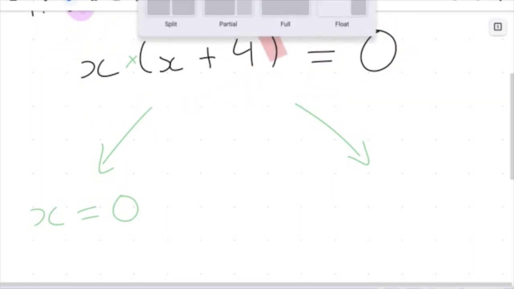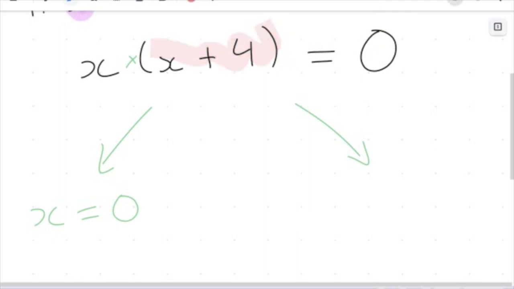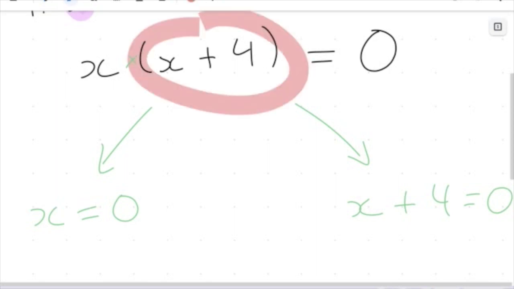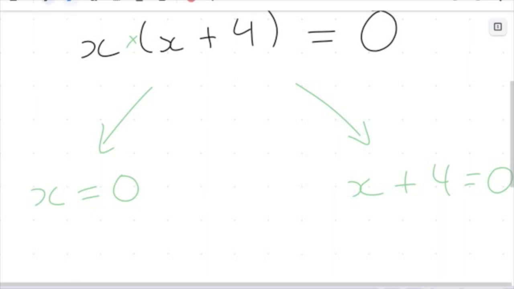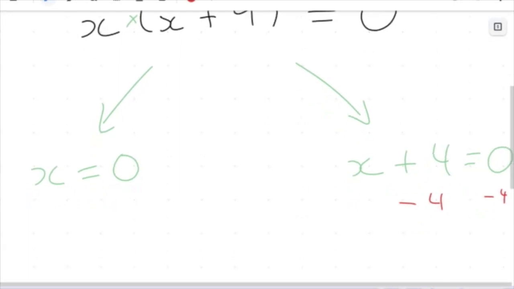Now another way is for this expression, x plus 4, to be 0. So we want a value of x that's going to make this expression x plus 4 be 0. And we can find that as a recap from the previous video by solving the equation for x. Now, subtracting 4 from both sides gives me x on its own on the left, and I get negative 4 on the right hand side.